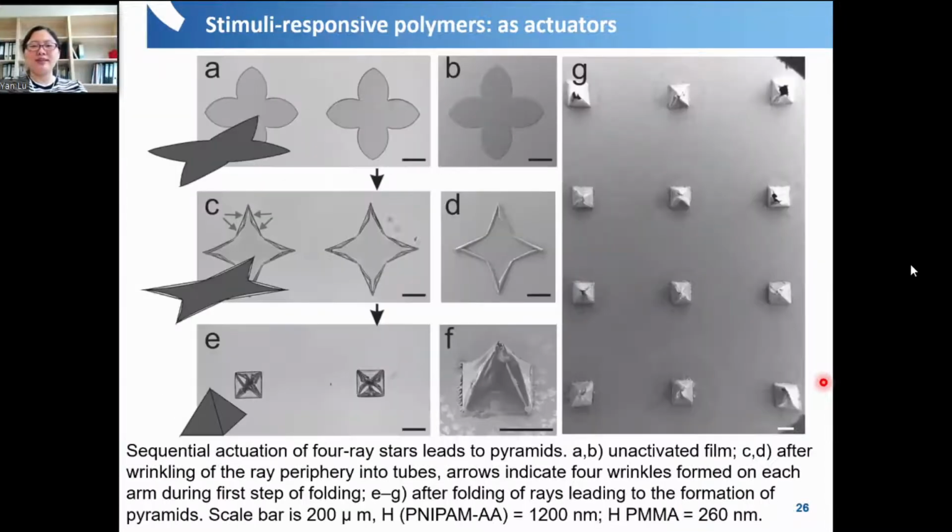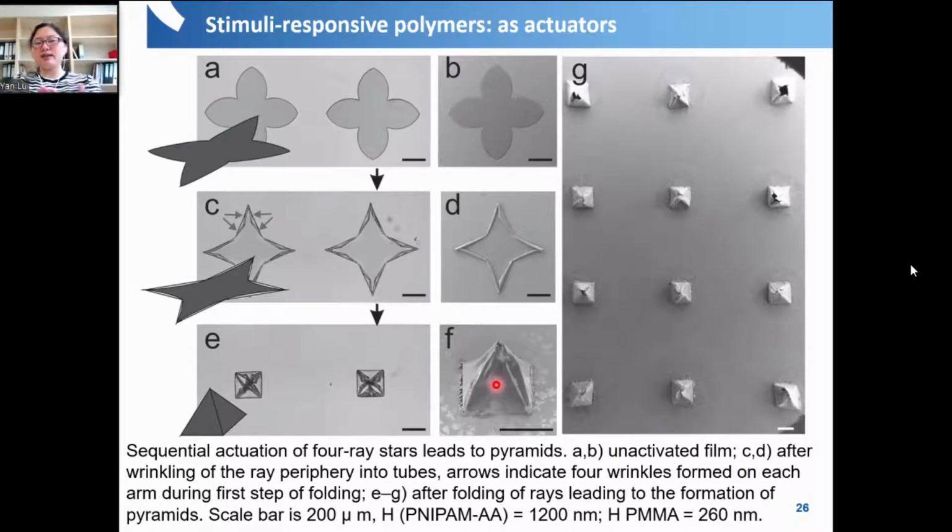And this is a group from IPF, from Dresden. He is now a professor at the University of Bayreuth, and he is one of the pioneers working on such polymer hydrogel based actuators. You see they can even form very beautiful designs in different forms, like a flower, a stem, stars, or other shapes.